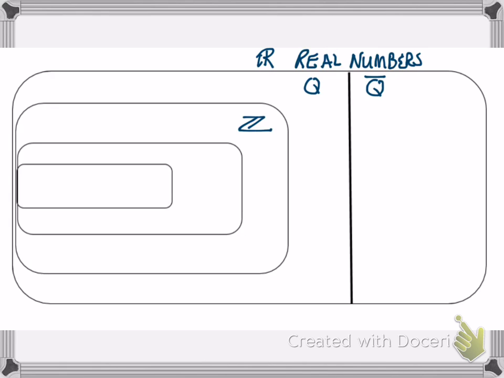Then as we're moving inward, if a number has no fraction or decimal parts and it's not negative, then it can move into the whole number portion. And then if it's not 0, then it can count as a natural number. So it's moving inward depending on the criteria of the numbers.